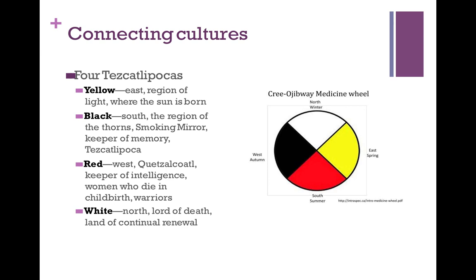For the red, we'll see what we talked about, Quetzalcoatl, keeper of intelligence, wisdom, women who die in childbirth, warriors, and whatnot. And then we have the white north of death, land, continual renewal. You see this little graph, the medicine wheel does reflect this, which is really interesting.